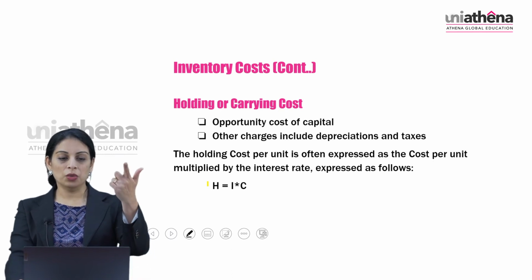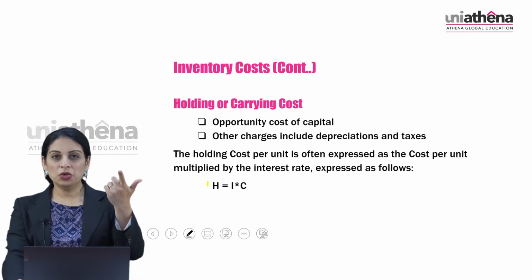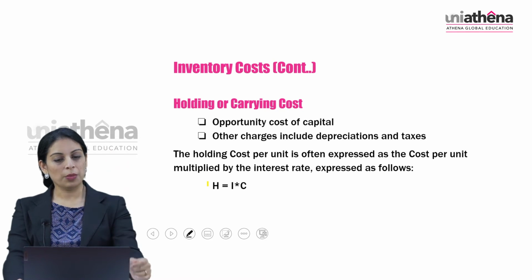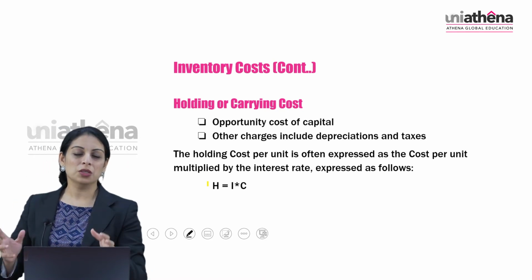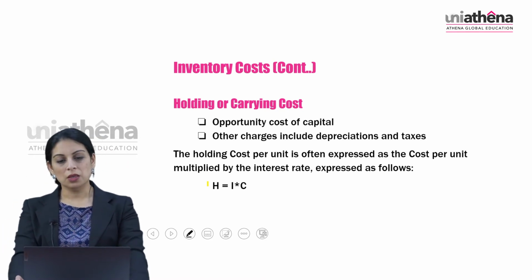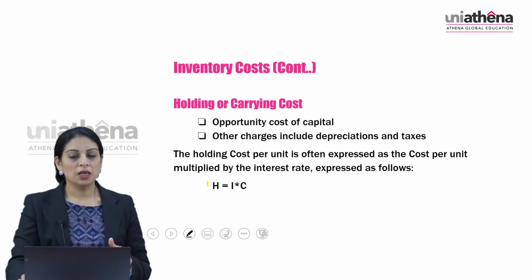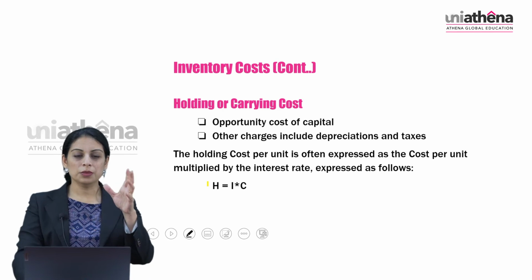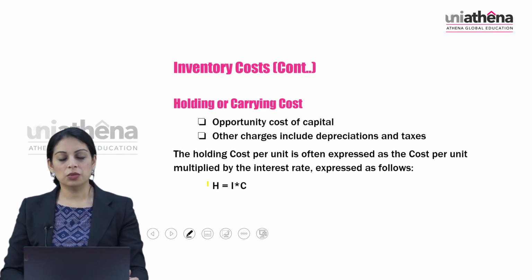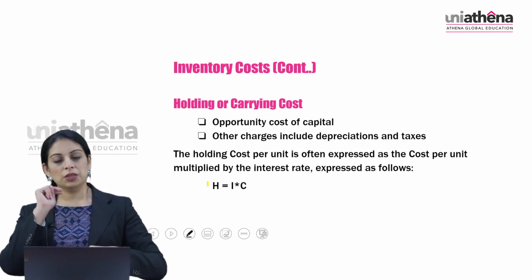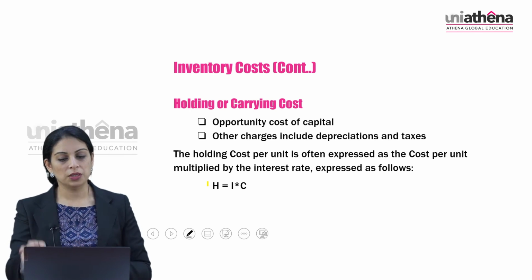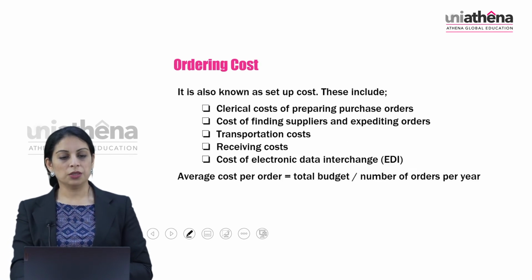There are 2 factors to holding and carrying cost: opportunity cost of capital and of course other charges including depreciation and taxes. So the holding cost per unit is often expressed as the cost per unit multiplied by the interest rate, where H is the holding cost, C is the cost per unit and I is the interest rate.